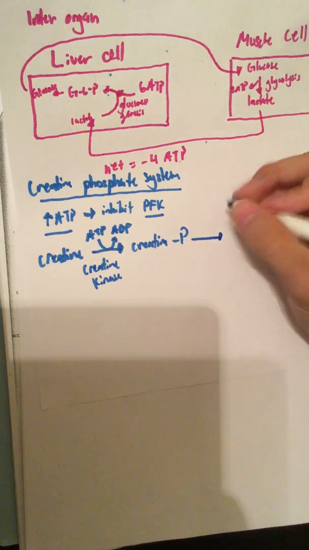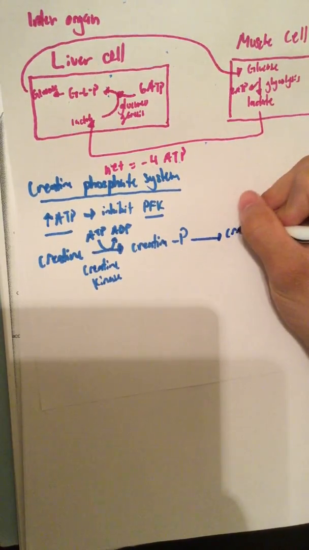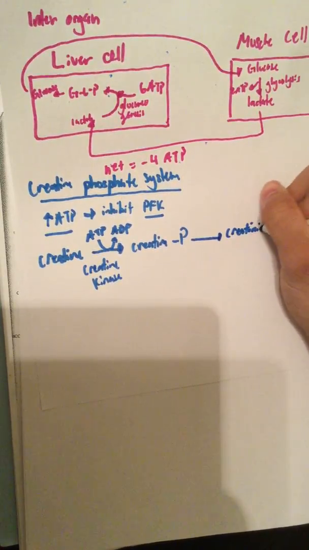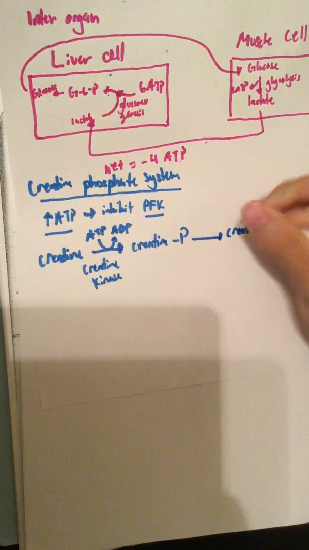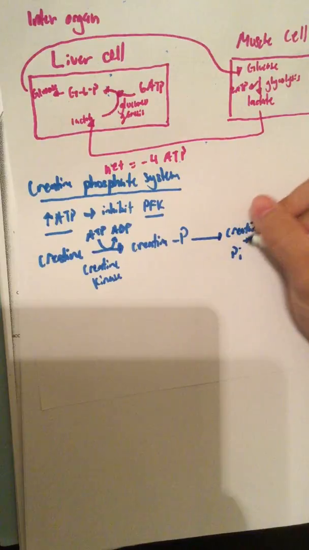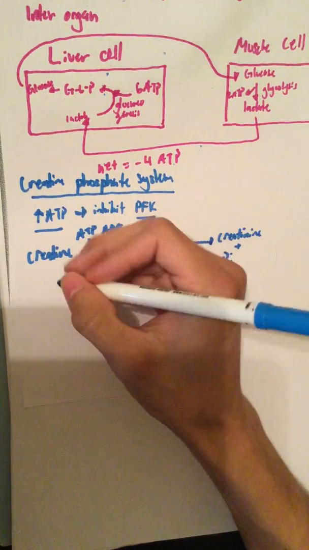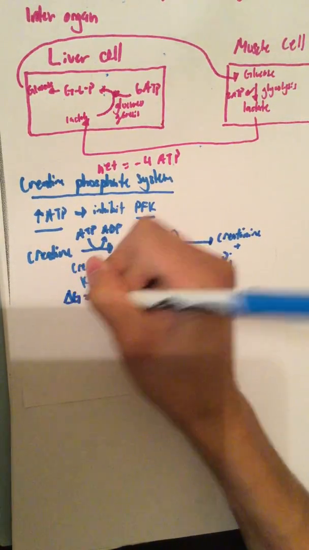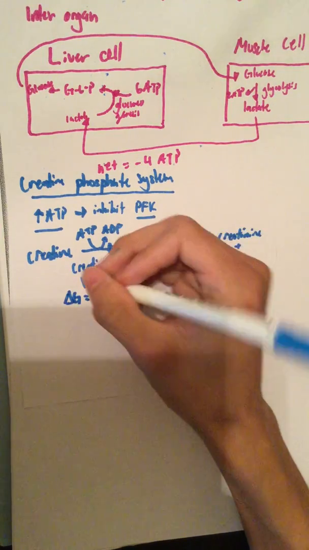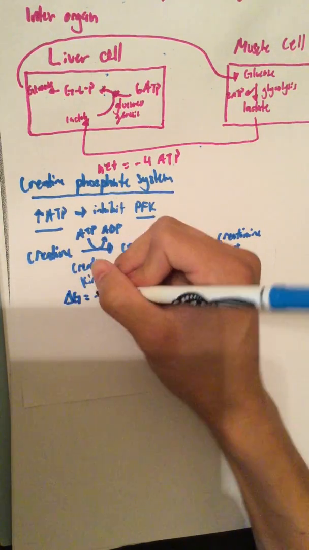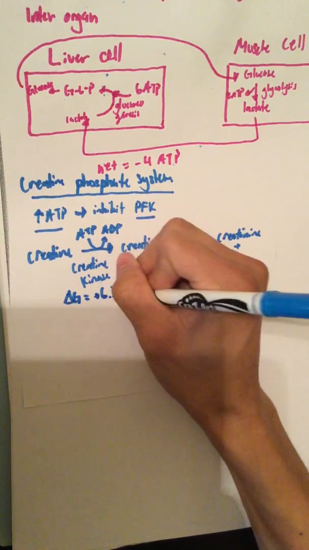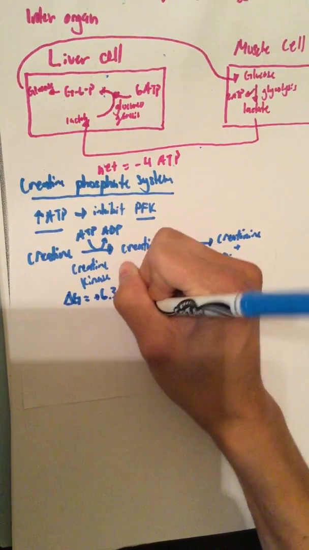When we need to use it, we'll break it apart and we'll get creatinine, with 2 N's, as well as that inorganic phosphate to process whatever needs to be processed. And just some thermodynamic values to keep in mind. This first process is going to take about plus 6.3 kilojoules per mole.